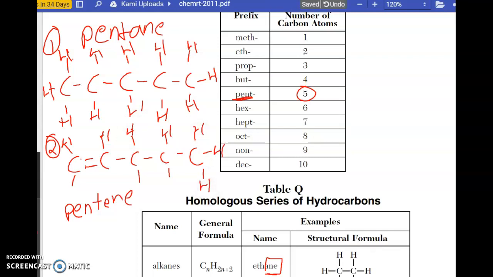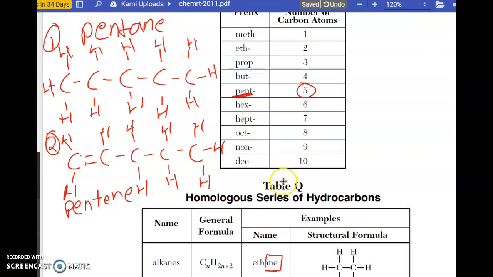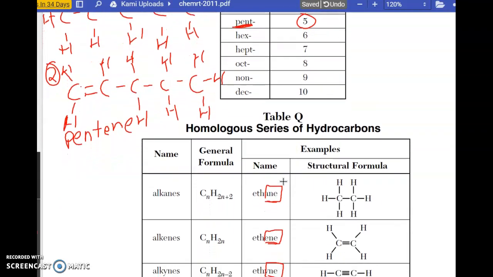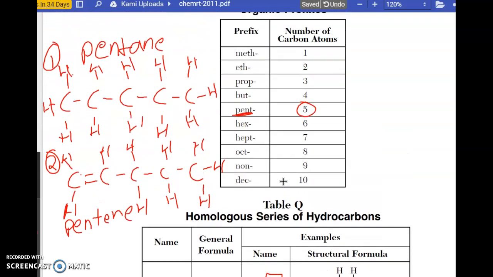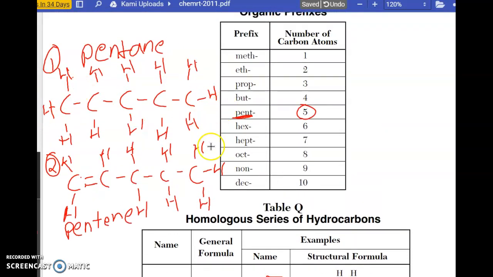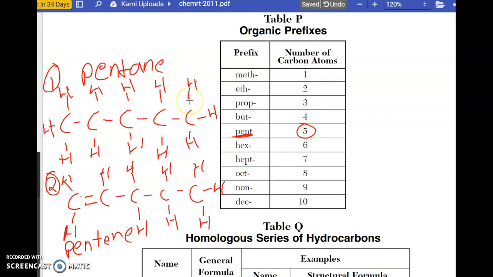So the general formula includes the numbers of carbons and the numbers of H's. Let's go through and try to figure it out. I'm going to start by just counting, and then I'm going to try to figure out how to do it by not counting and using the general formula. Just counting for number 1, I have 1, 2, 3, 4, 5 carbons.